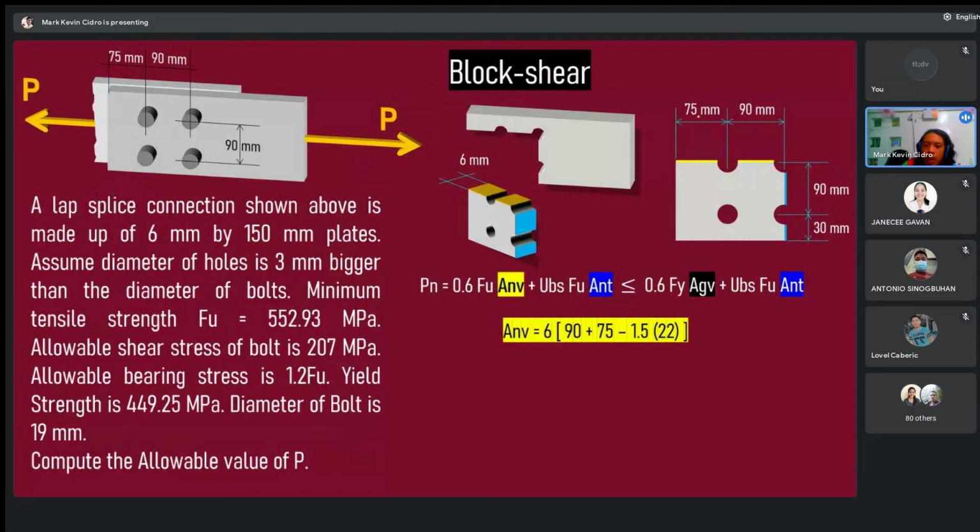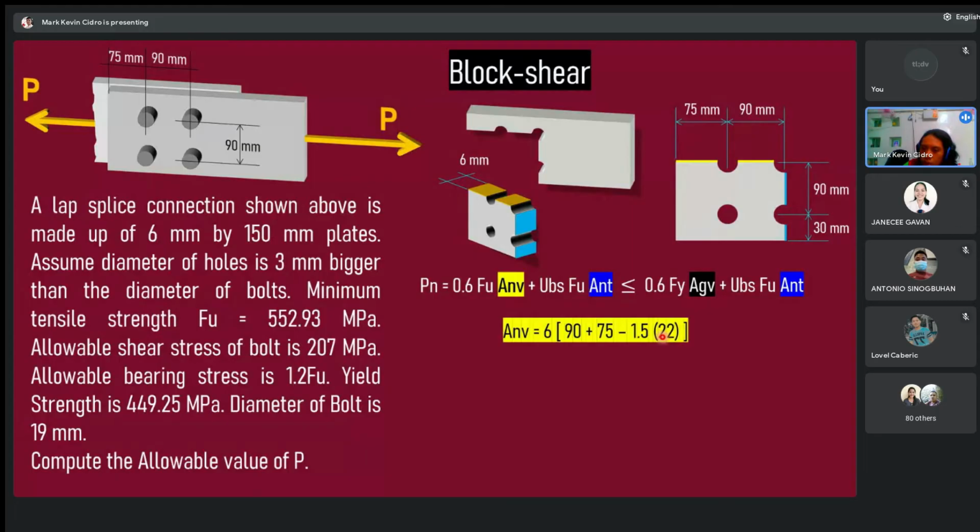That is 75 plus 90 minus one and a half hole. The diameter of the bolt is 19 and the hole is 3 millimeter bigger than the diameter of the bolt. That's why 23.